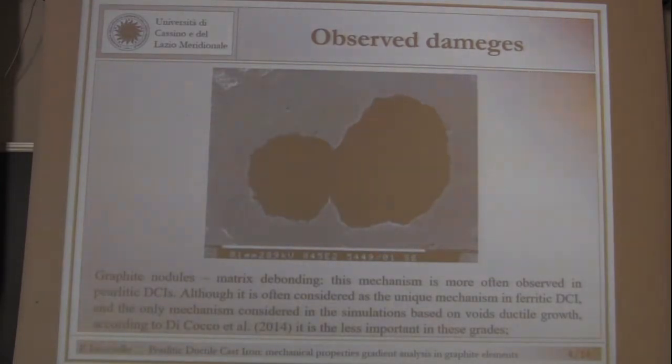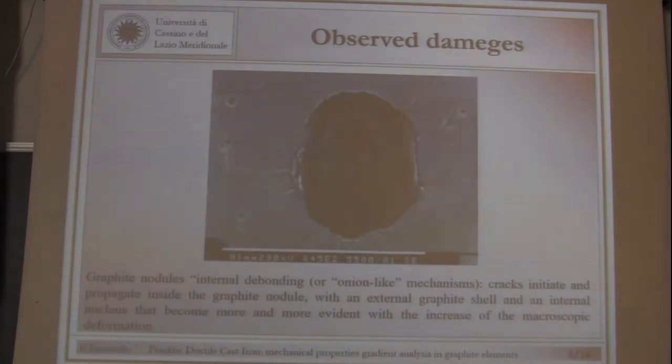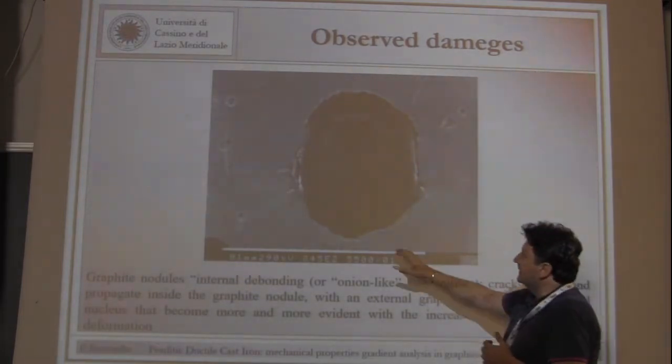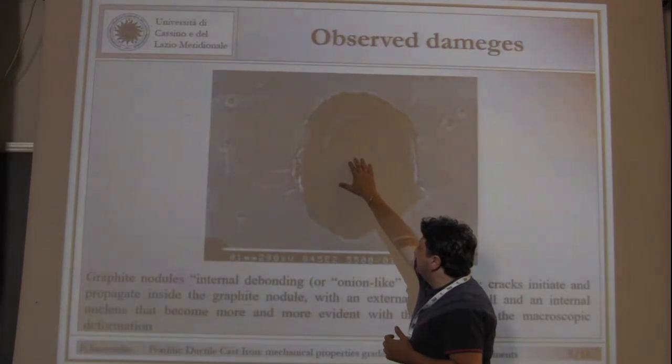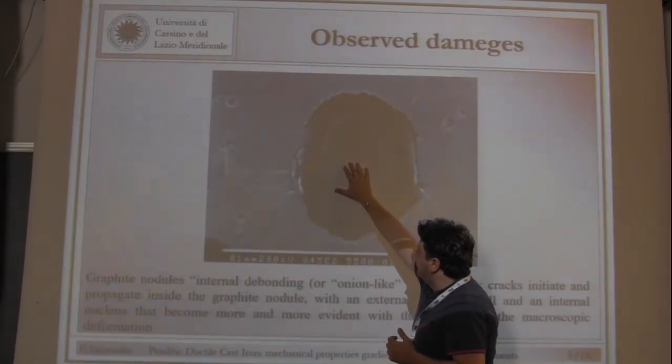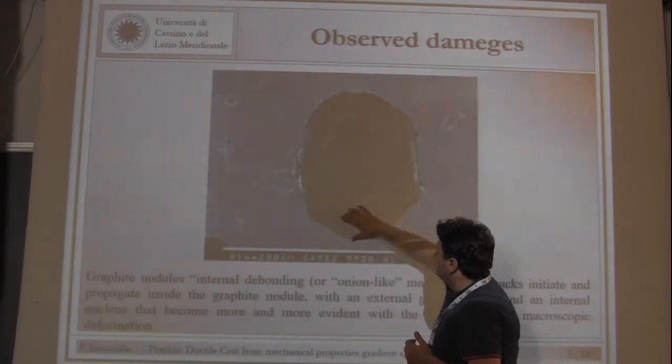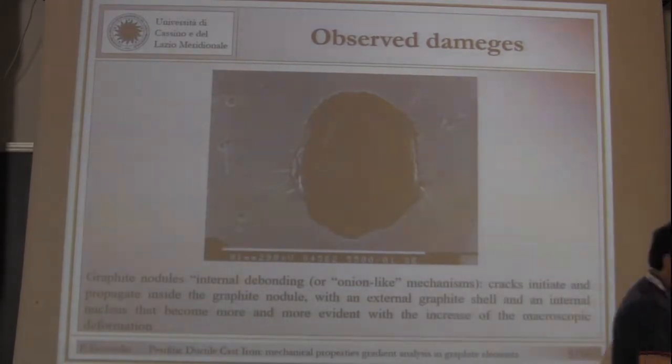But in other works, we observe that this is not the main damage mechanism. There are a lot of mechanisms. This is one of these. In this case, we can see the separation inside of nodules, separation of the core from the external outer rings.